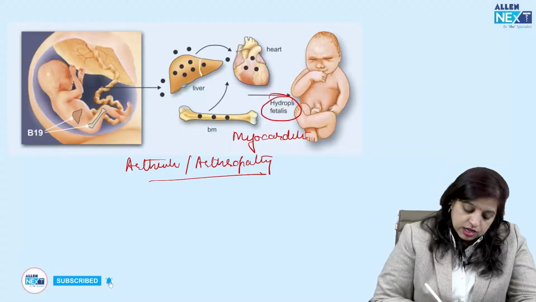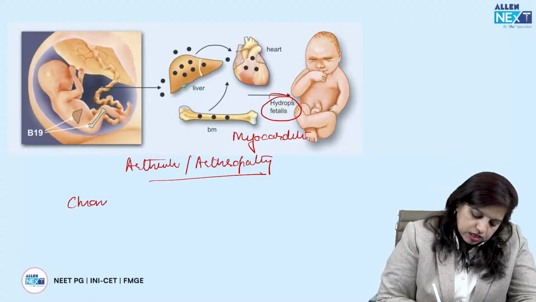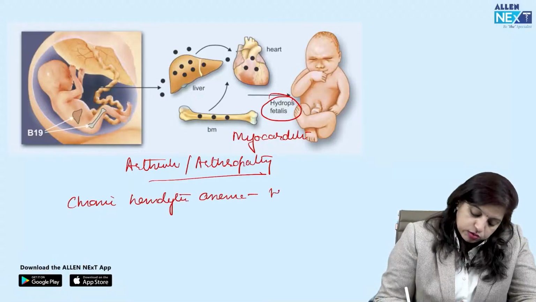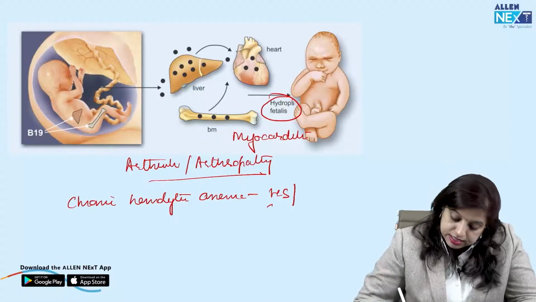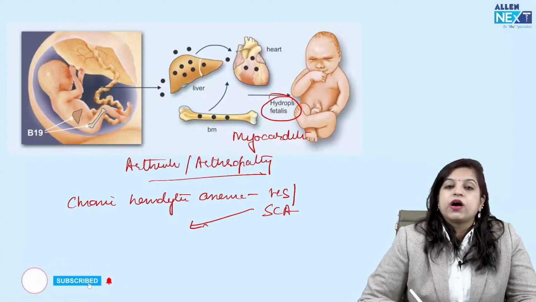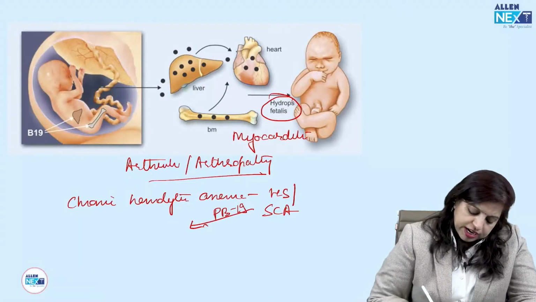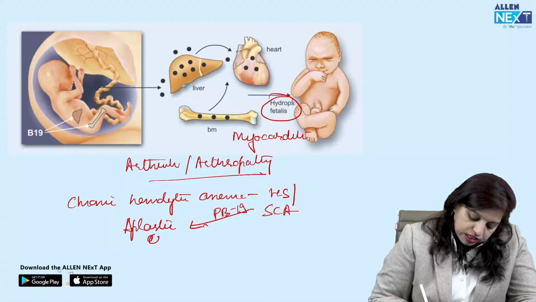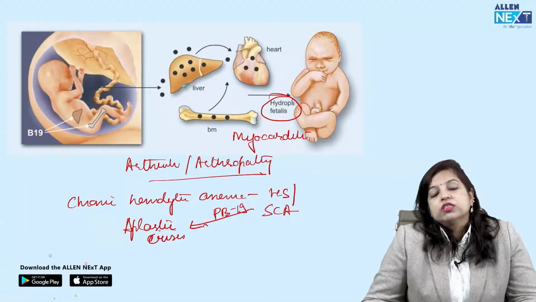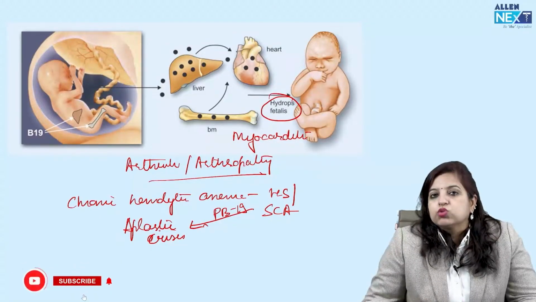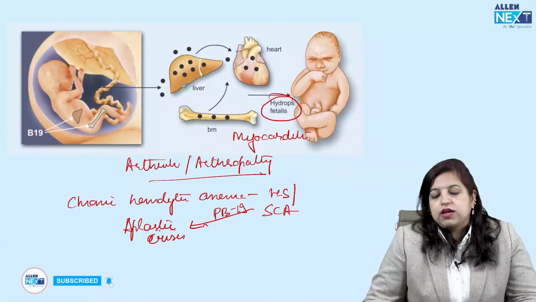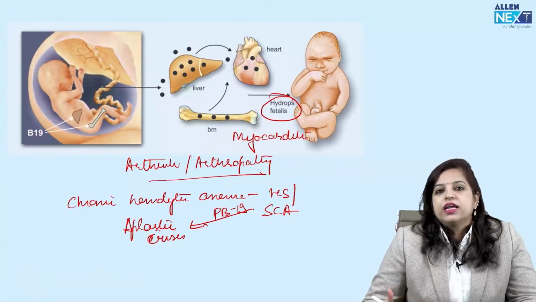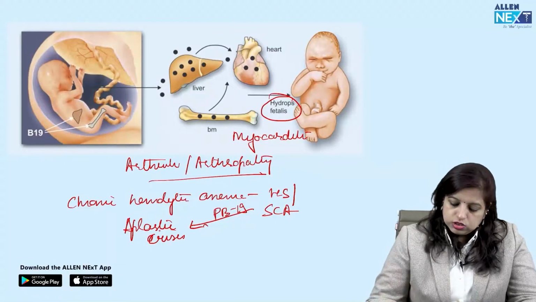And very importantly, any child suffering from chronic hemolytic anemia, let us say hereditary spherocytosis, or maybe sickle cell anemia, if infected by parvovirus B19, this child goes into what? Aplastic crisis, total shutdown of the erythroid production, the RBC production totally comes to a standstill. That is what is known as aplastic crisis, because parvovirus B19 has a special tendency to infect the cells of the erythroid lineage, right? So this you should be knowing.